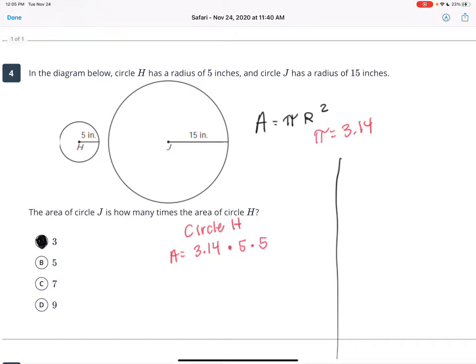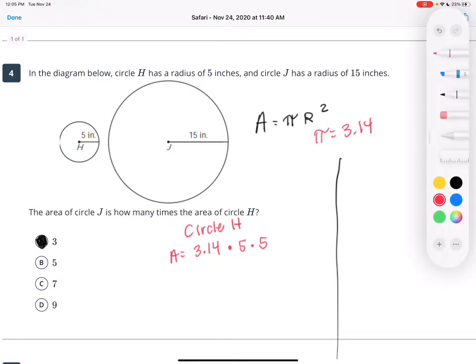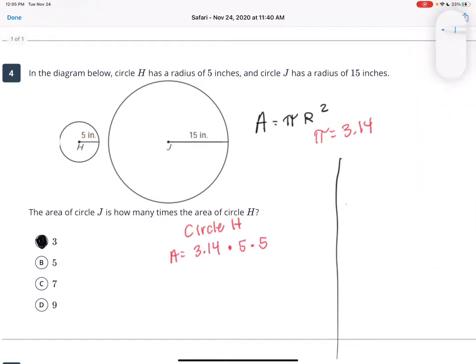For circle J, I'm going to use blue. Area is equal to 3.14 times 15 times 15.